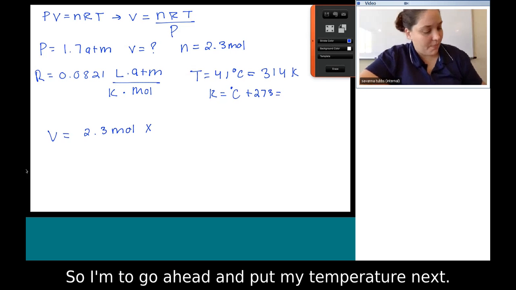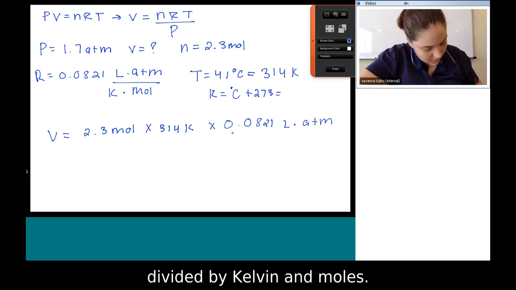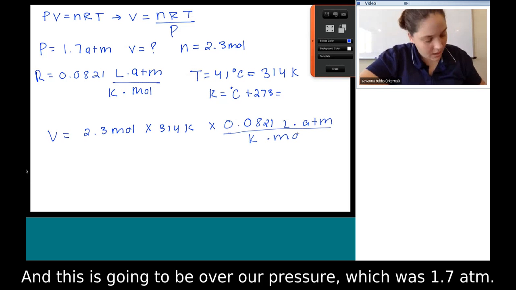So I'm going to put my temperature next, 314 Kelvin, times 0.0821, and that's liters times atm divided by Kelvin and moles, and this is going to be over our pressure, which was 1.7 atm.